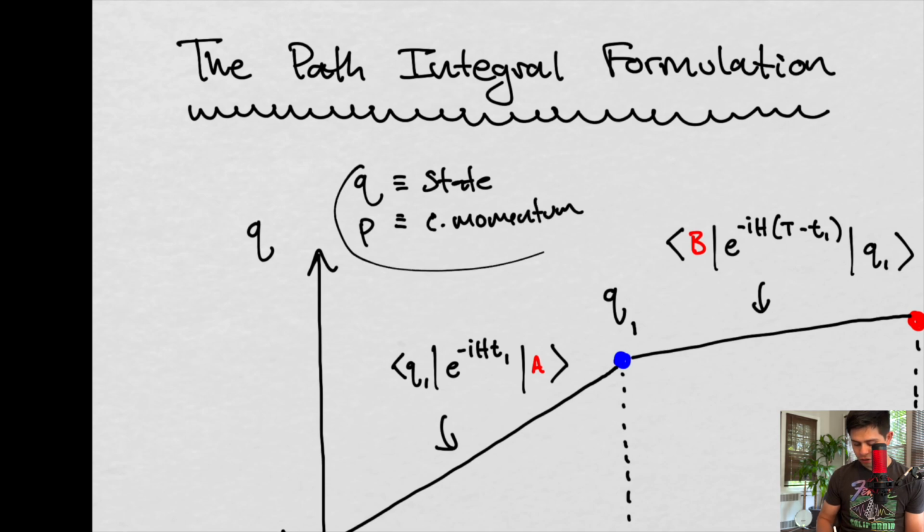This is just notation to keep in mind. So we have the state, the position. You need position and momentum to describe the overall state of a particle.